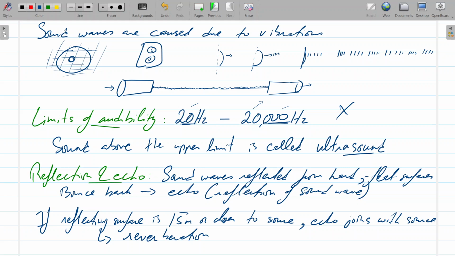There's that echo and loudness. If it's not happening, then even though the person is speaking, it seems sort of flat and quiet and the sound doesn't carry, which is called dead, right? The dead spots in the hall.